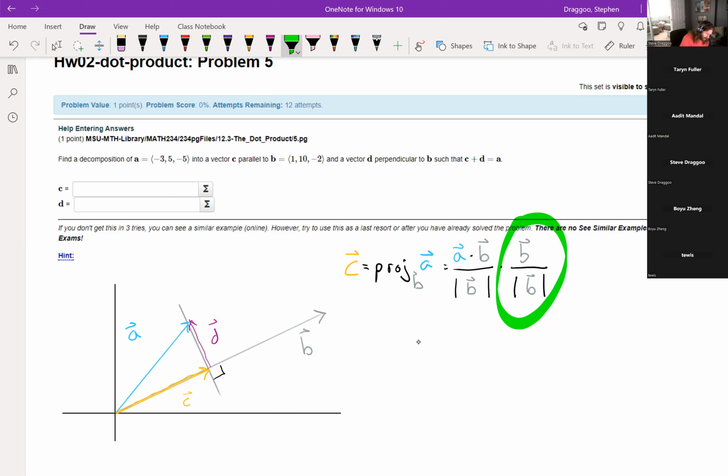The other part, the dot product of A and B divided by the magnitude of B, gives us the component, or the length, of A that goes in B's direction. That's the scalar length of A in the B direction.